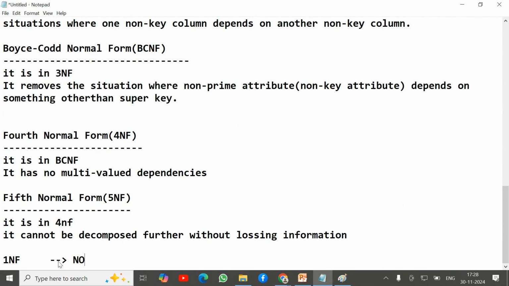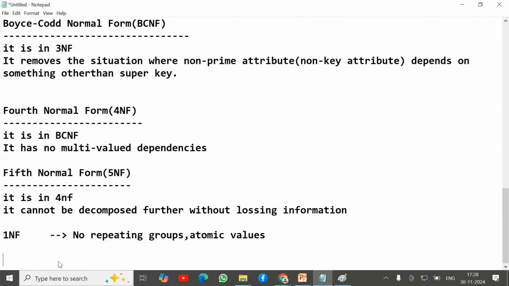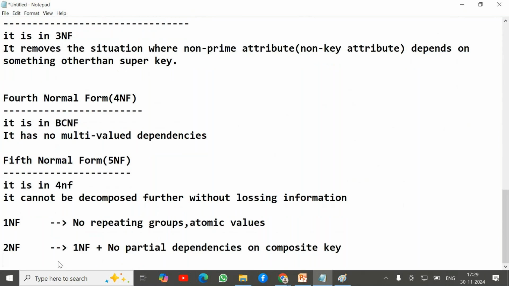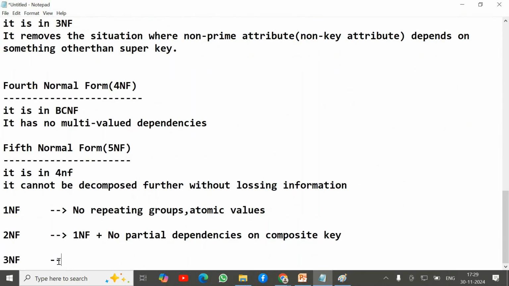No repeating groups and atomic values. 2NF: what is 2NF? 1NF plus no partial dependencies on a composite key. 3NF: 2NF plus no transitive dependencies.